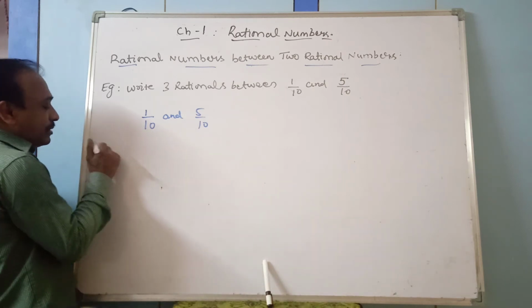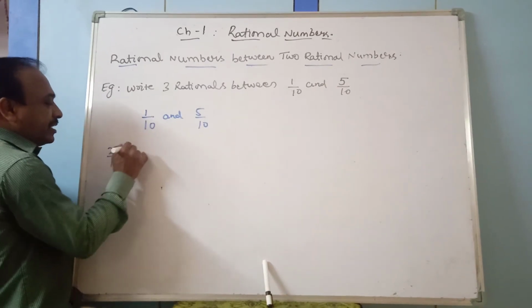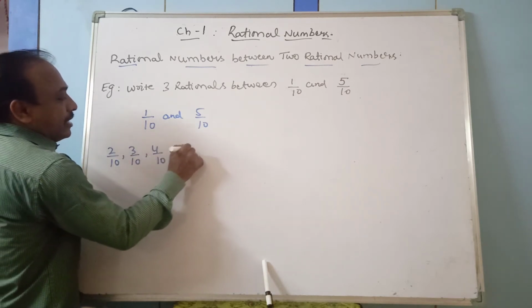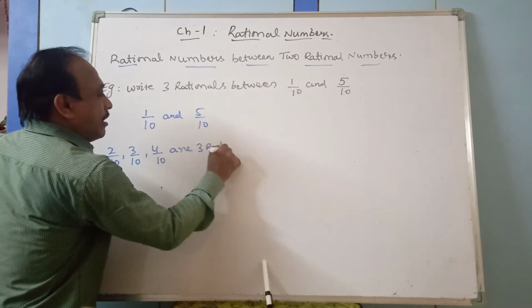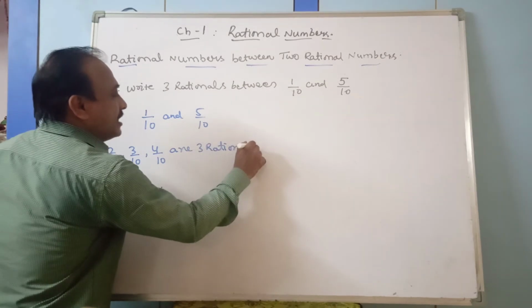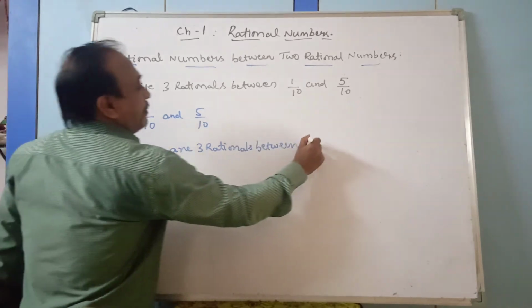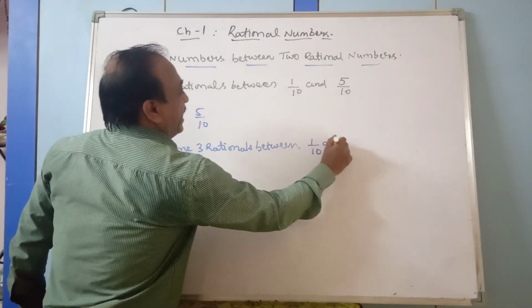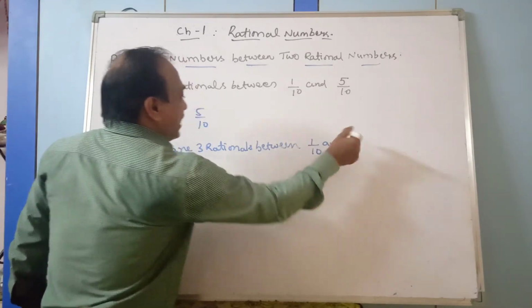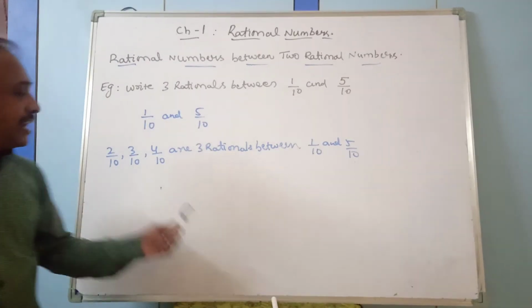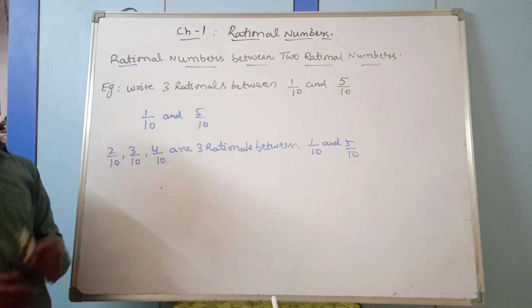So we can write 2 by 10, 3 by 10, 4 by 10 as 3 rationals between 1 by 10 and 5 by 10. As they are like rationals, immediately we found the rationals between 1 by 10 and 5 by 10.